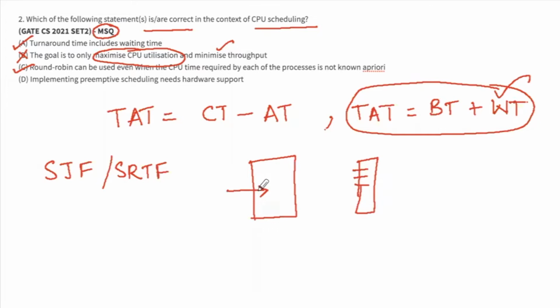But you have to keep the status of the process in some memory so that when it comes again, it has to resume from this point, right? So for that, there is a need for hardware support. So this option is also right. So A, C, and D are the right options. This is an MSQ one.